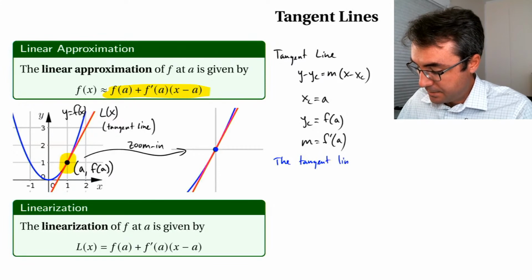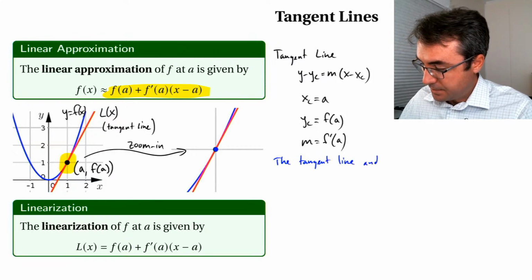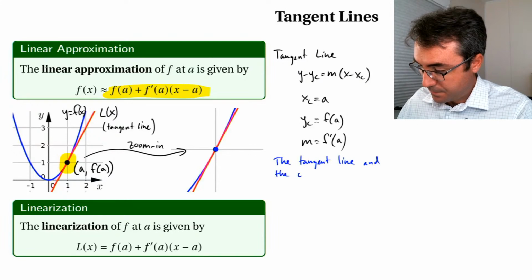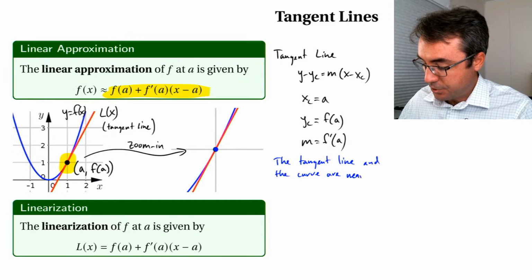So the tangent line and the curve are nearly indistinguishable.